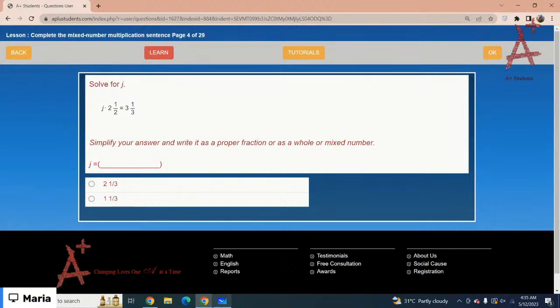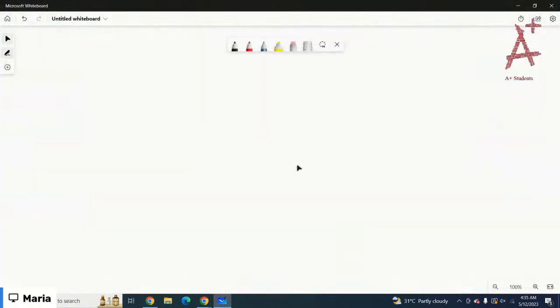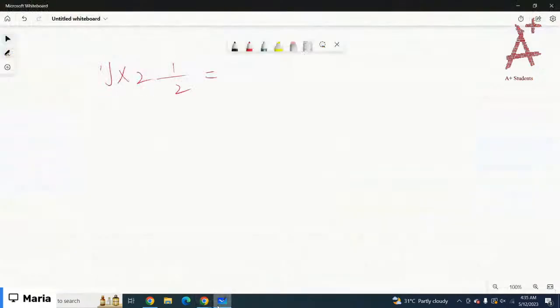Okay, the next one is j times 2 whole 1 over 2 and it equals 3 whole 1 over 3. So it will be 2 times 2 is 4 and 1, 5 over 2. 3 times 3 is 9 and 1, 10 over 3.